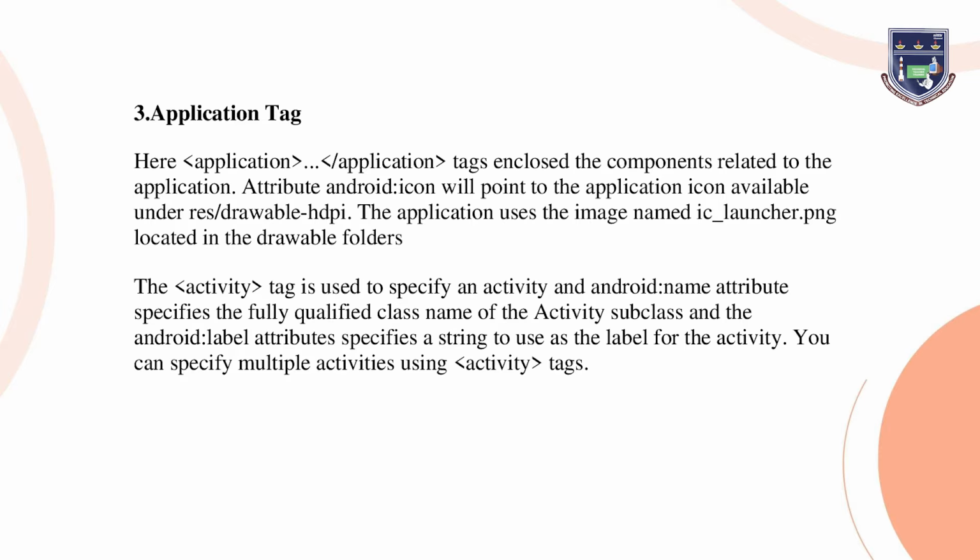This application uses the image named ic_launcher.png, which is located in the drawable folders, and the activity tag is used to specify an activity, and the android:name attribute specifies the fully qualified class name of the activity subclass, and the android:label attribute specifies the string to use as a label for the activity. So you can specify multiple attributes using the activity tag.